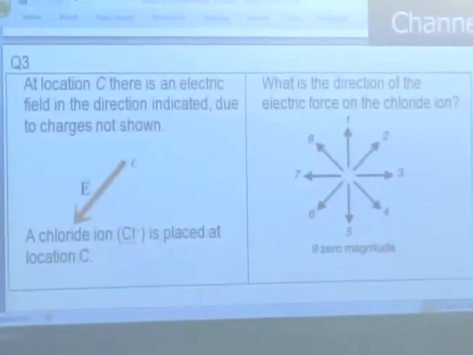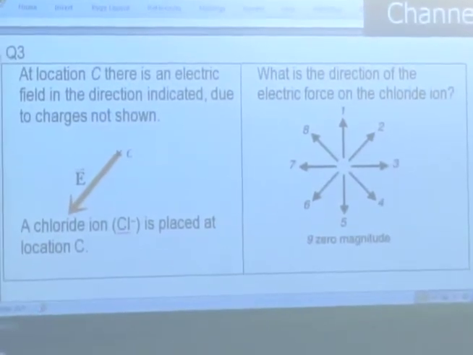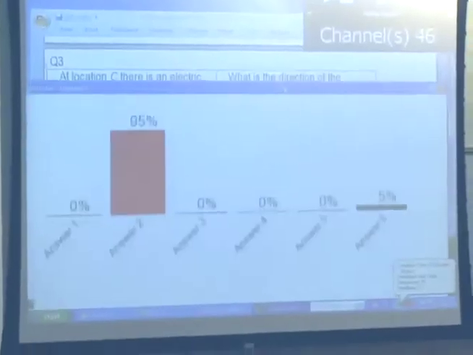What about this case? At location C, we have an electric field in the direction indicated, due to charges not shown. We place a chloride ion there. A chloride ion has a single negative charge, singly charged. So what's the direction of the electric force on the chloride ion? And it's got to be in direction 2, right?